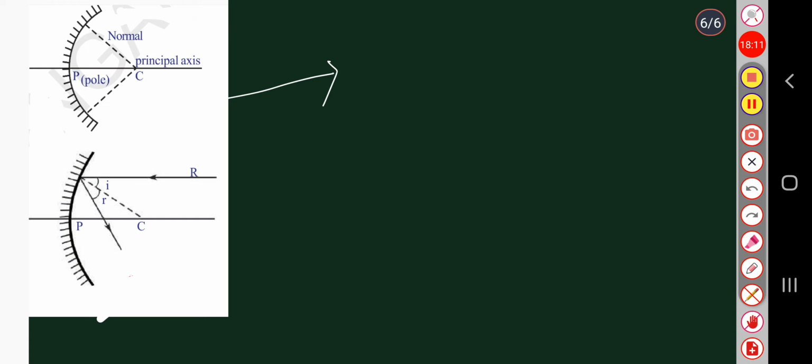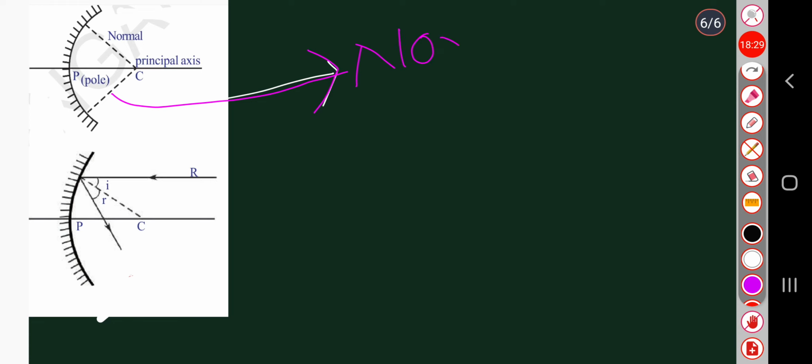If you draw a line from the center of curvature to the curved surface, what do we call this line? We call it a normal line. So if you draw a line from the center of curvature to the curved surface, that line is called a normal line. Both of these are normal lines.